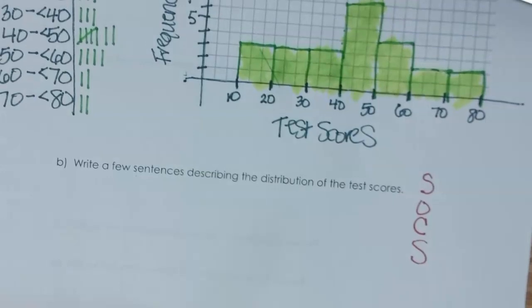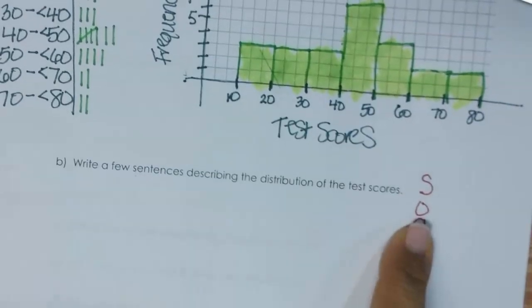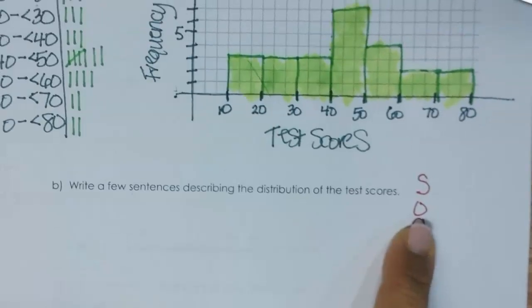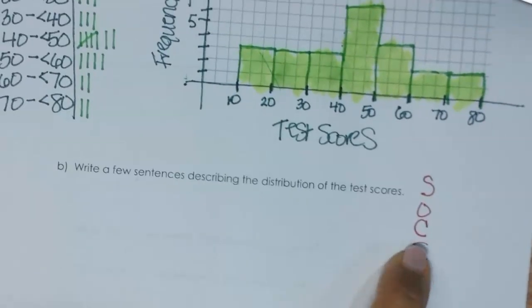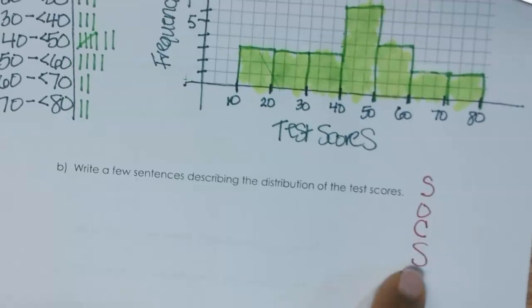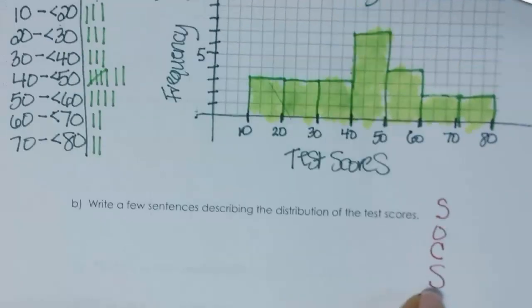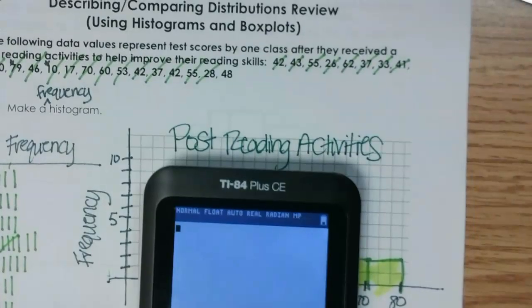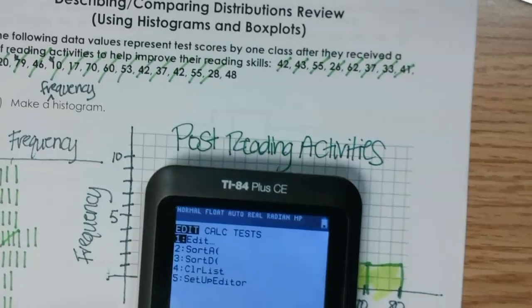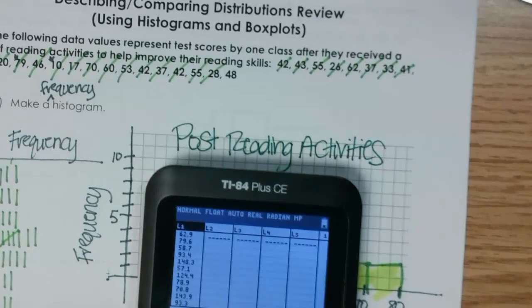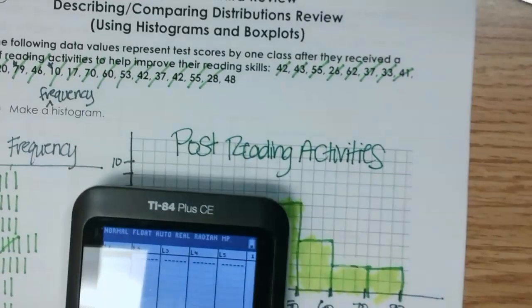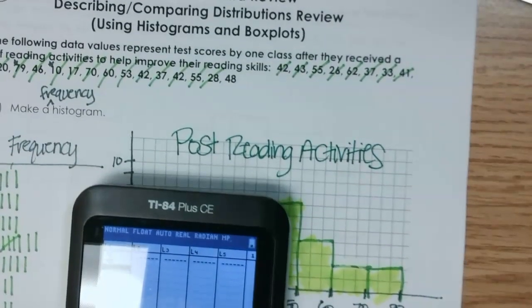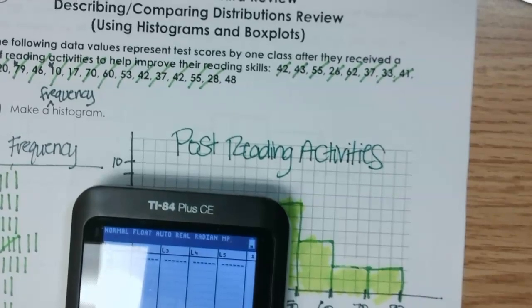But we can't say anything about outliers unless we check the formulas. And we can't give specific measures of center like the mean and median or the range and IQR unless we put the values in our calculator. So let's go ahead and do that. Again, I'm going to go to Stat, Edit, and I'll clear everything in the lists and then put all of these data values into the calculator.